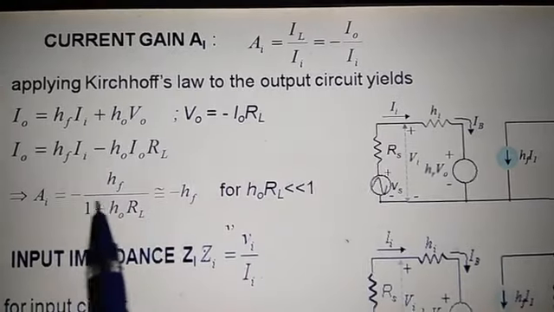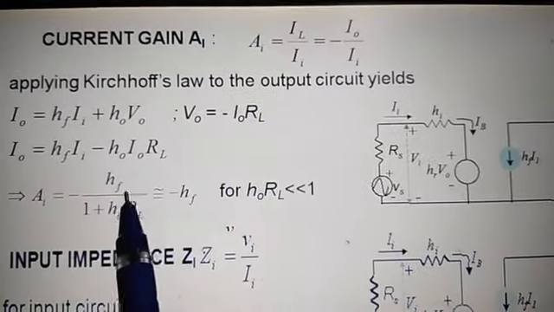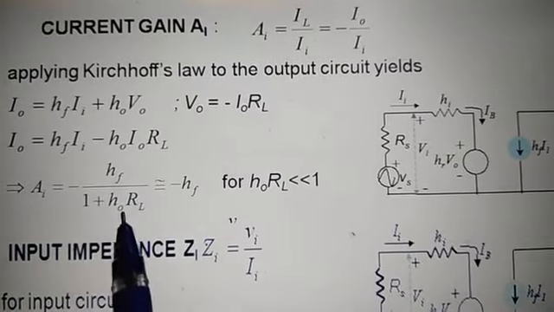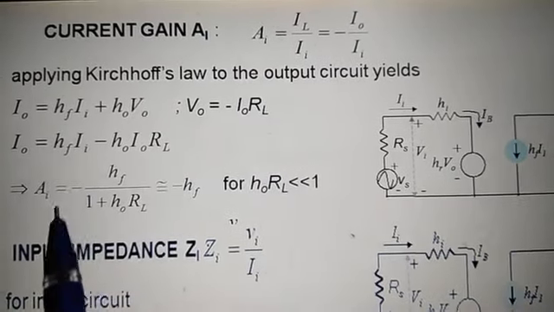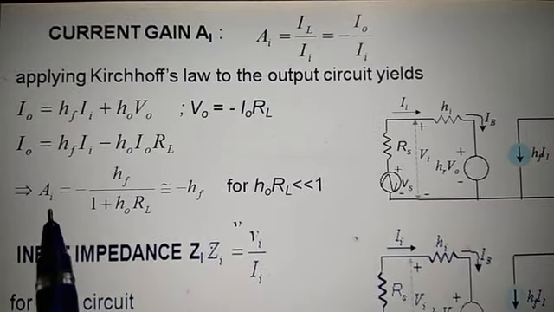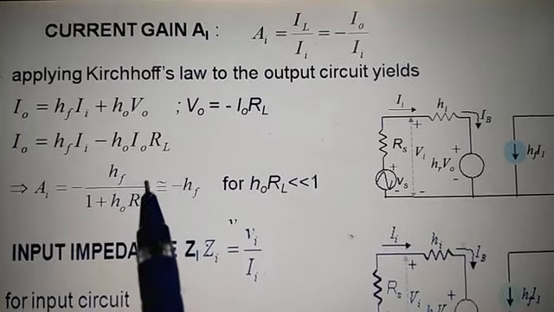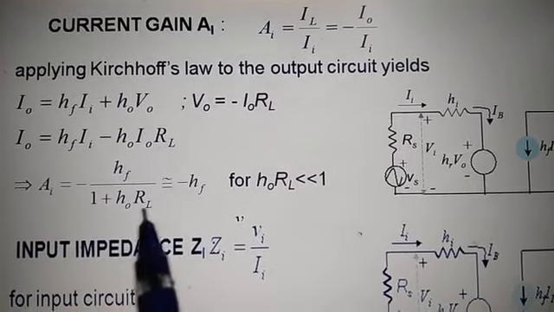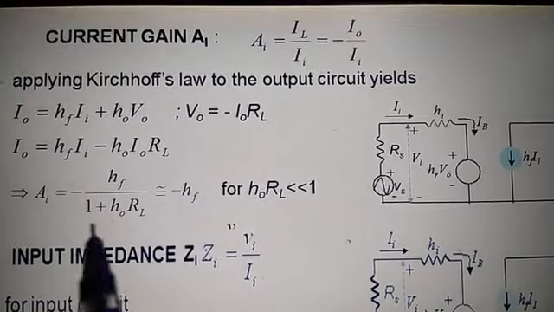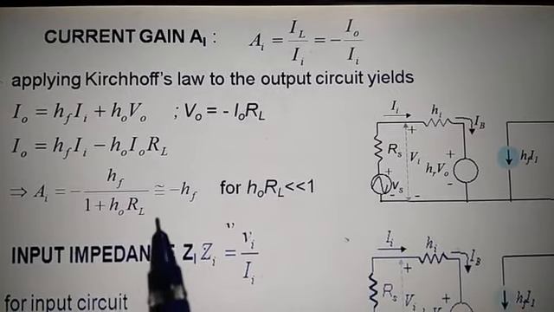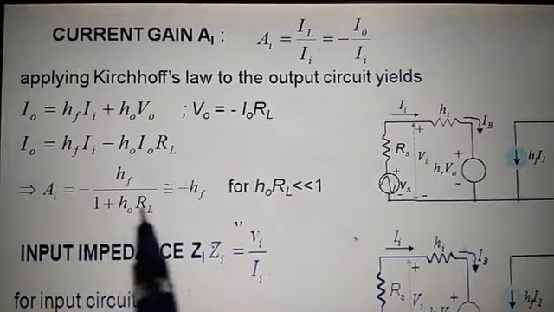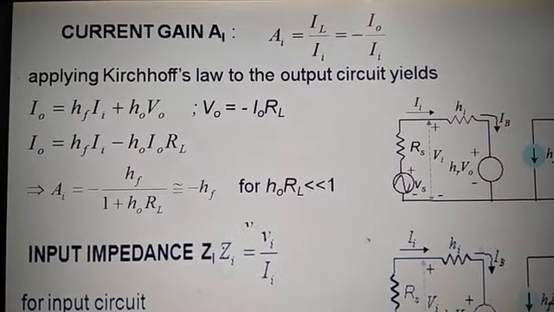Current gain for common collector is equal to minus HFC upon 1 plus HOC into RL. Current gain for common base is equal to minus HFB upon 1 plus HOB into RL. And if this HO into RL is very, very less than 1, then AI will be equal to minus HF.